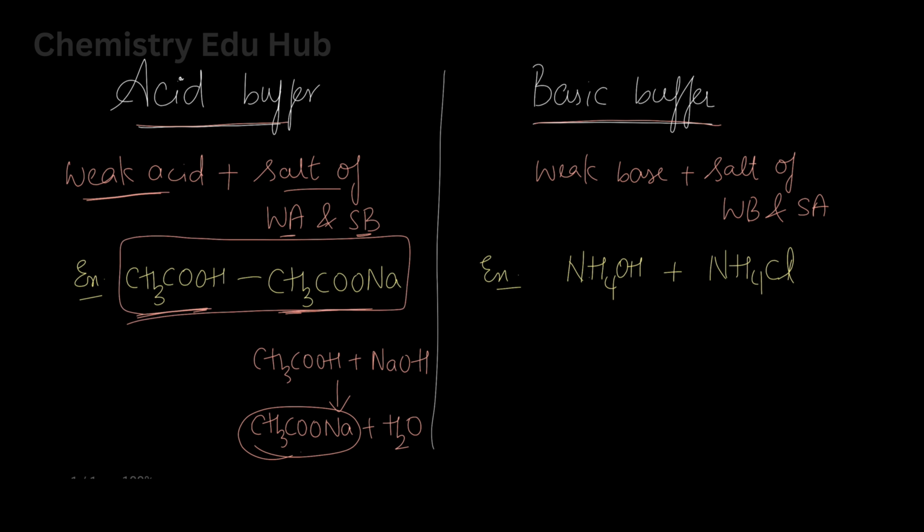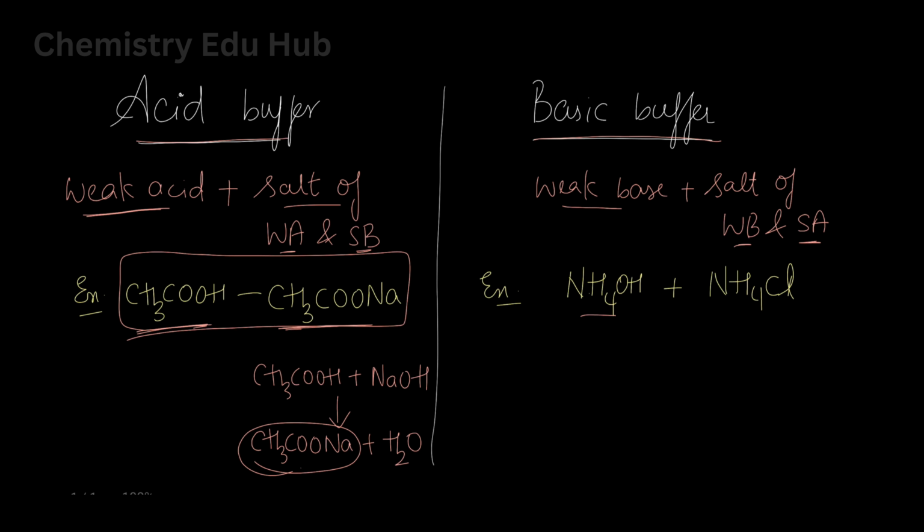In the same way, a basic buffer is prepared by taking a weak base and a salt of a weak base and strong acid. The weak base that we consider here is ammonium hydroxide. Ammonium chloride is obtained from ammonium hydroxide, the weak base, and a strong acid like HCl.